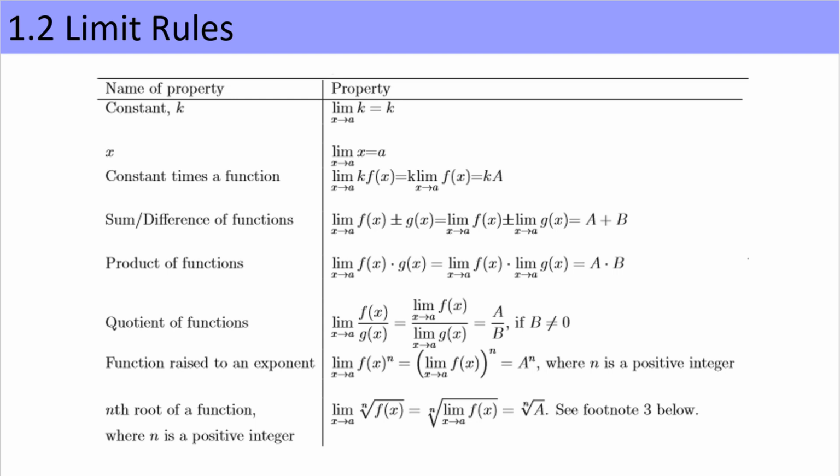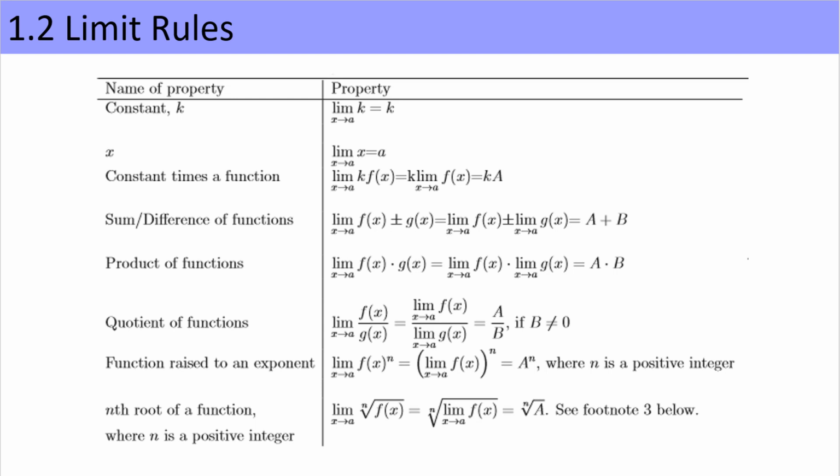Now, function raised to an exponent. The limit as x approaches a of f of x raised to the n is equal to, notice, the limit as x approaches a of f of x, all in parentheses, raised to the power of n, or more simply put, the limit of the inside function, which is A, raised to n, where n is a positive integer.